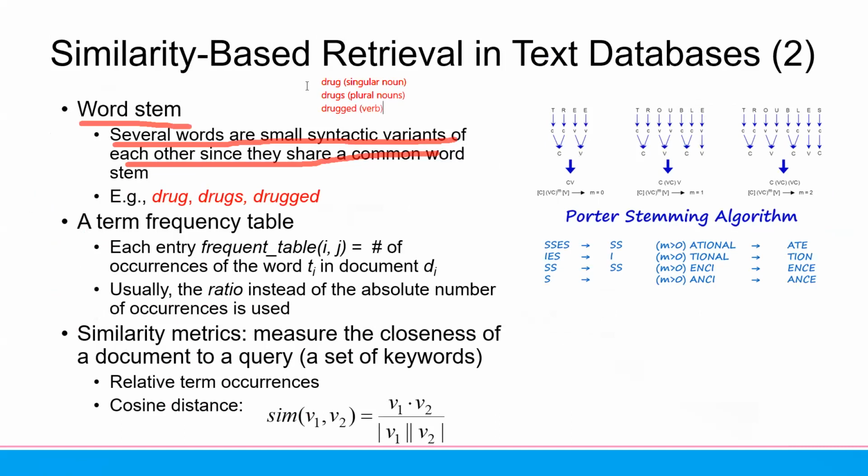So one word can be represented in different forms. When we calculate on the text, we do the word stem or stemming, and all of them will have the same original word. We call it the stem. So we just retrieve the original word, drug. Even though they have different meanings, maybe one is a singular noun, another a plural noun, another a verb, we can have only one word.